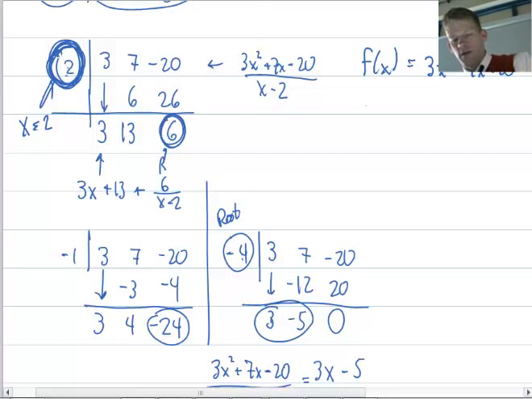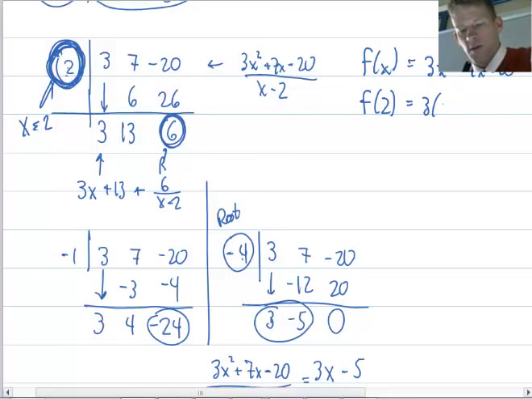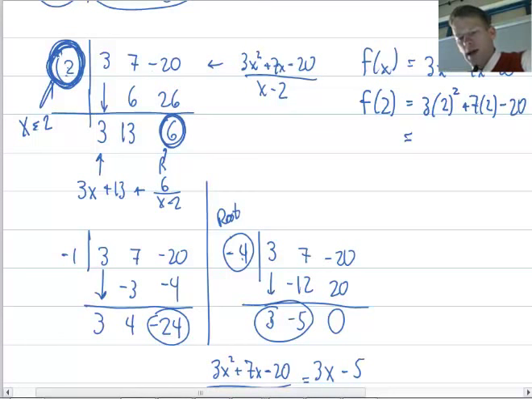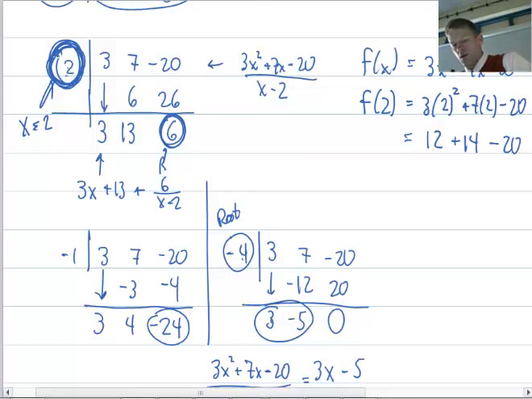So check this out. It's no coincidence. If I plug in f of 2 and I put in 3 times 2 squared plus 7 times 2, remember this is minus 20, I wrote down the wrong thing. When I do that math, oh, wrong math. 3 times 4 is 12 plus 14 minus 20.